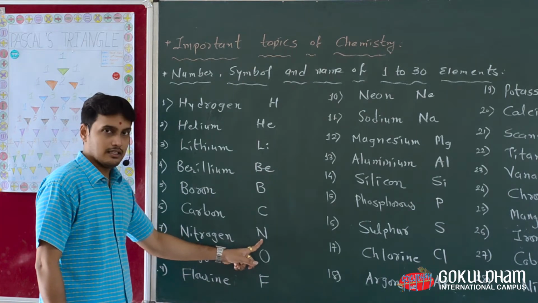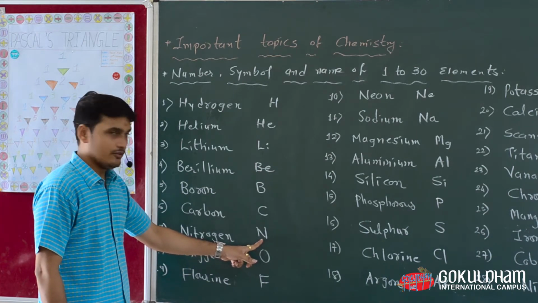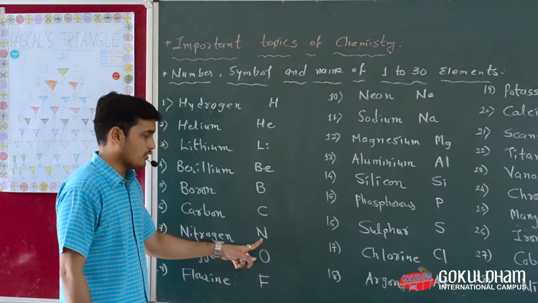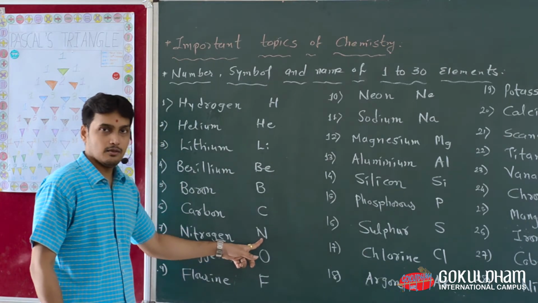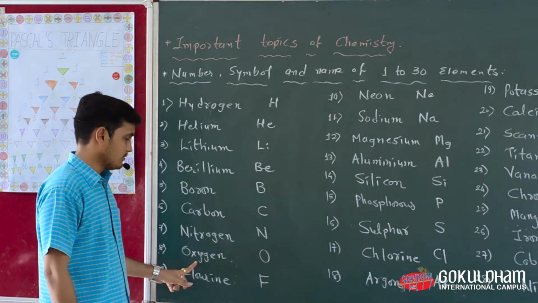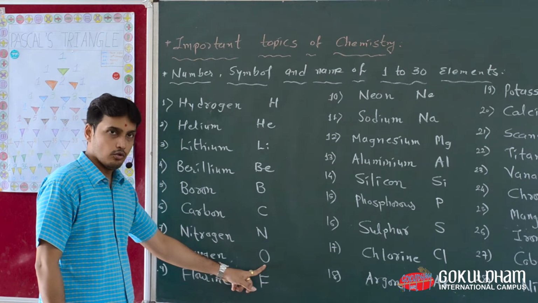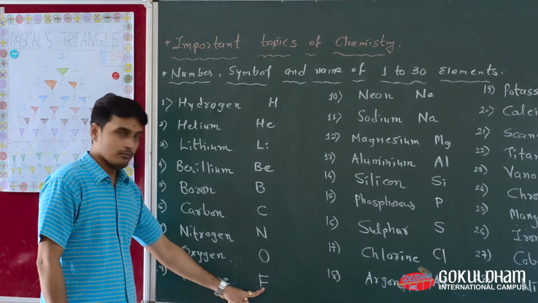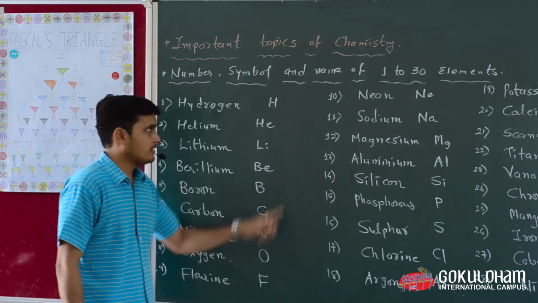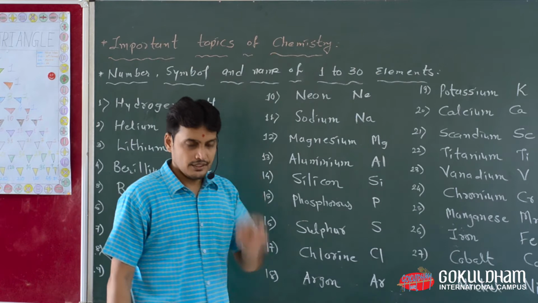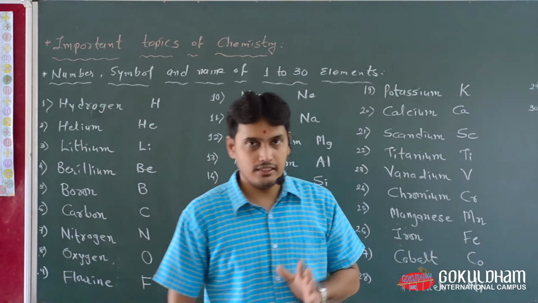Symbol is capital N. And you know that in the atmosphere the maximum percentage is of this gas. Eighth is oxygen, symbol O. Ninth is fluorine, symbol capital F. And 10th is neon. These are the first 10 elements.